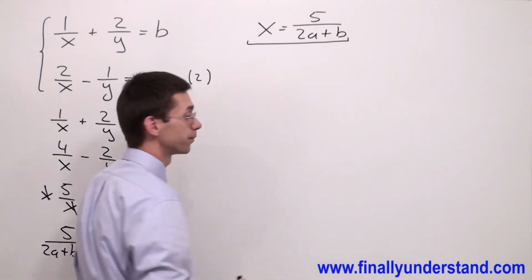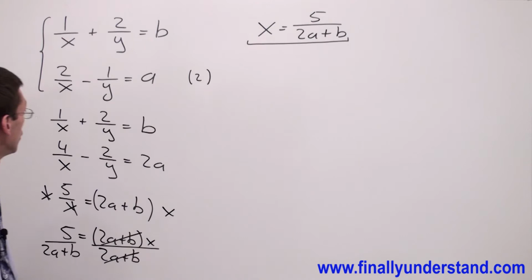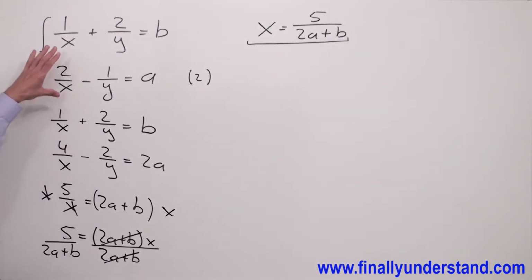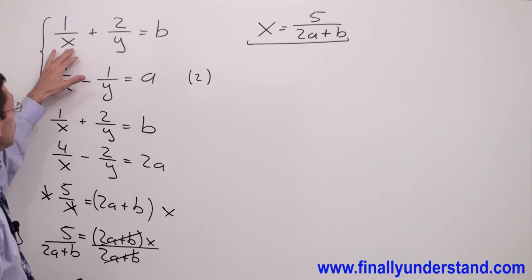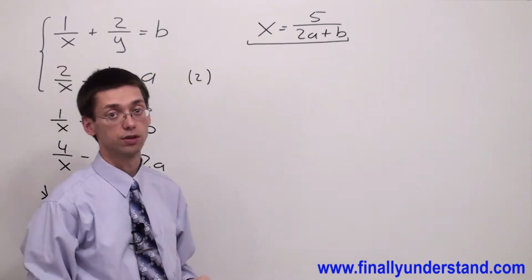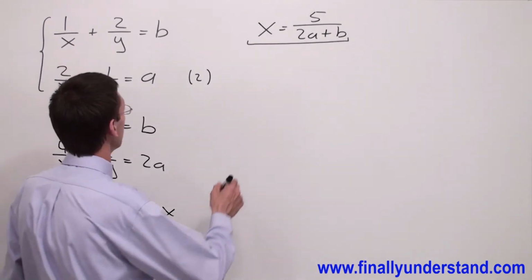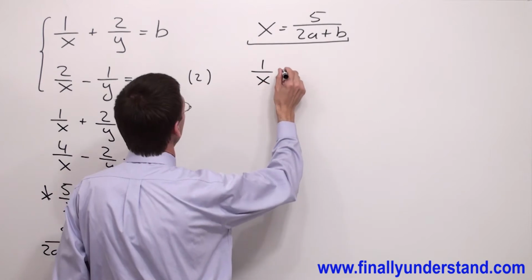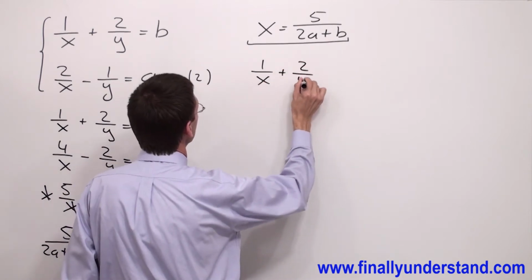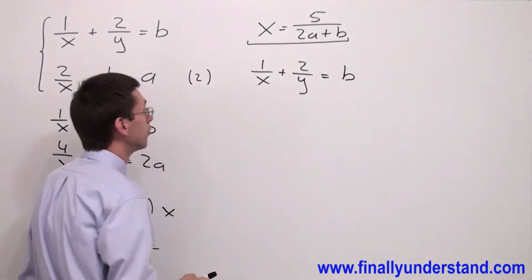This is my x. In order to find y, we're supposed to use one of the original equations, and instead of x, we substitute this fraction. I'm going to take the first equation, and I have 1 over x, I'm copying this down, plus 2 over y is equal to b.